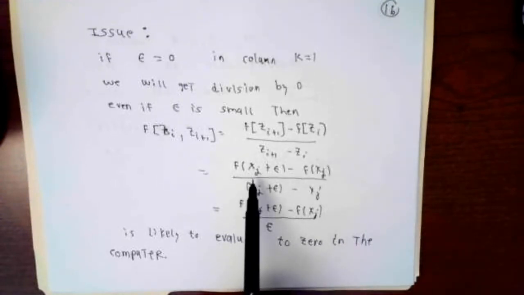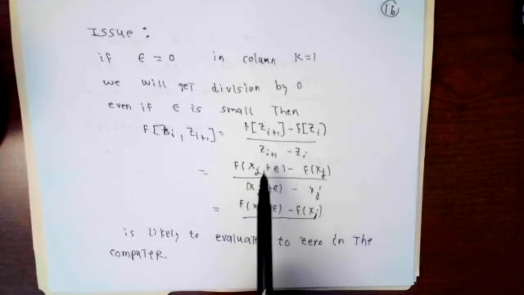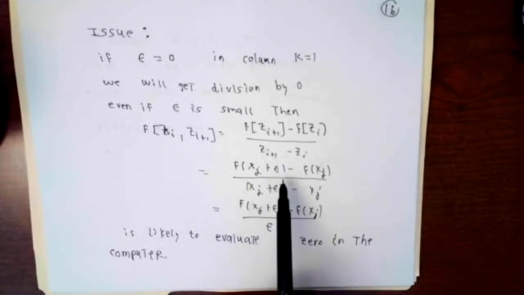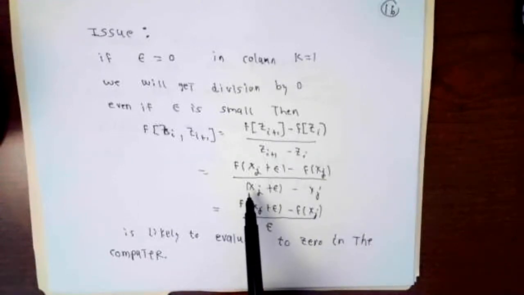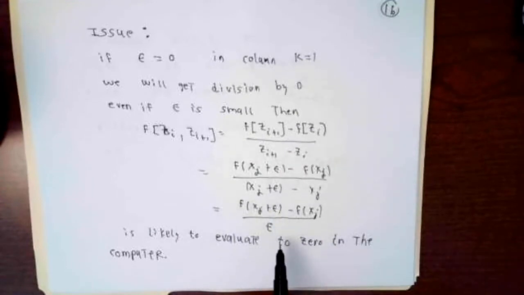I'll have f evaluated at some xj plus epsilon minus f evaluated at xj, divided by xj plus epsilon minus xj. The bottom of the fraction is going to be epsilon.